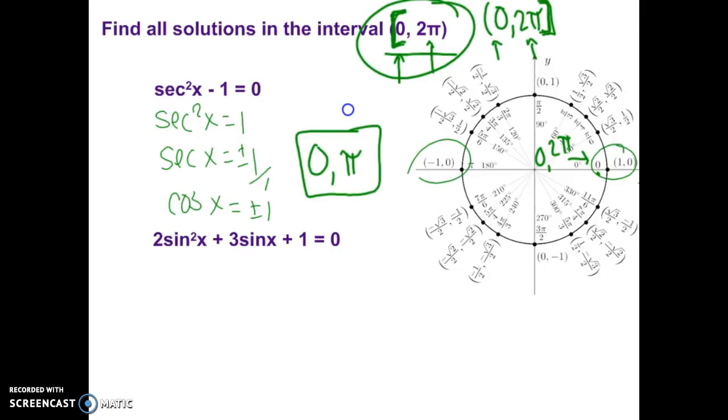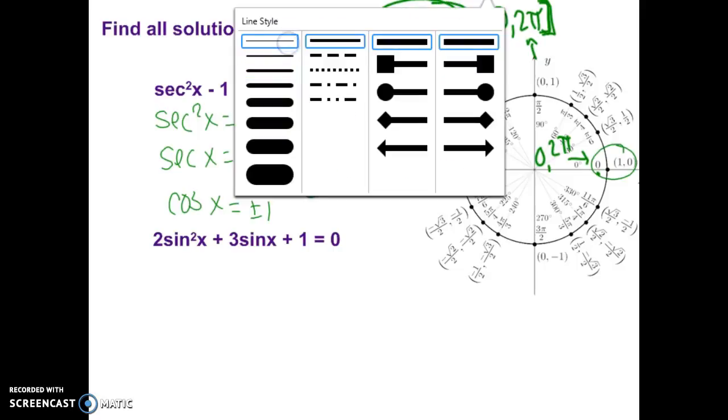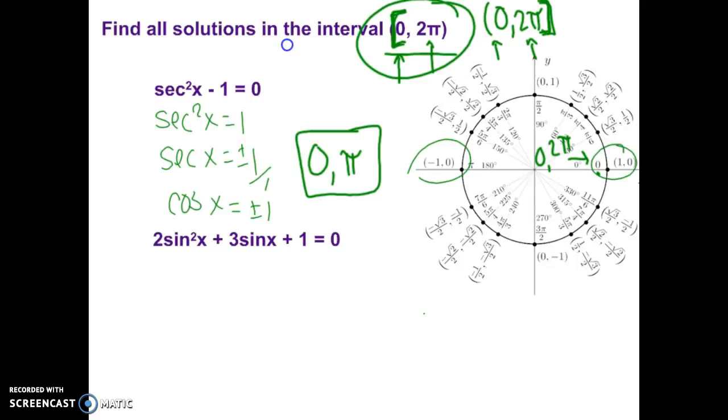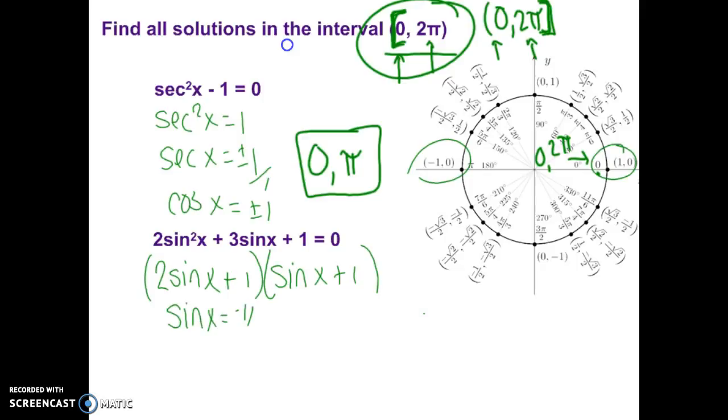So let's continue with this next example. On the next example, you try it, and now I'll do it for you. So I'm going to factor sine x plus 1. I'm going to set each factor equal to 0. And then I'm going to figure out where those sine values occur.